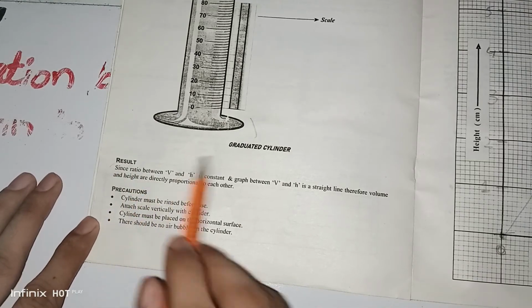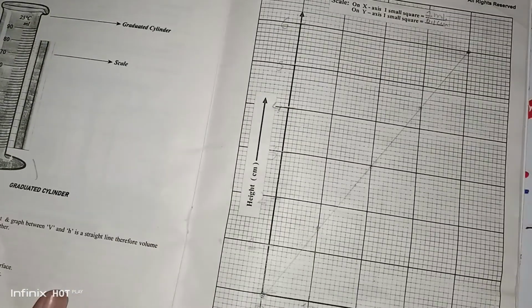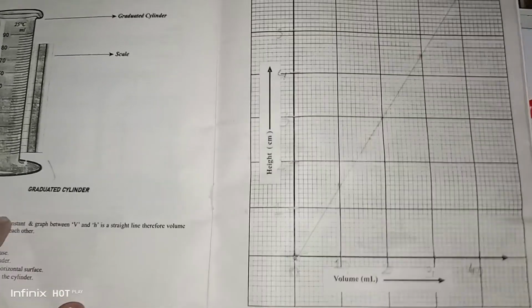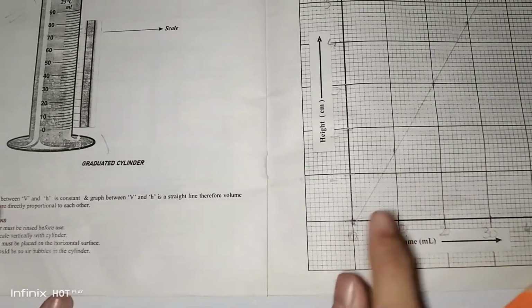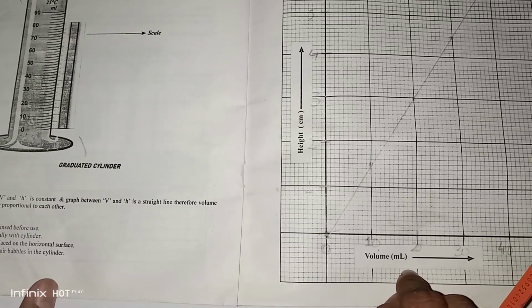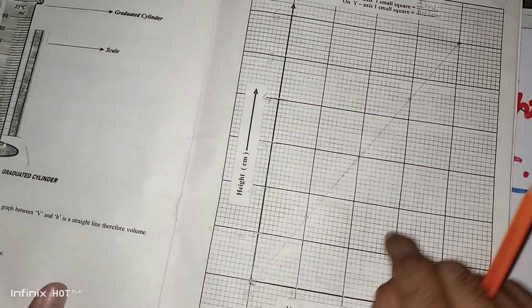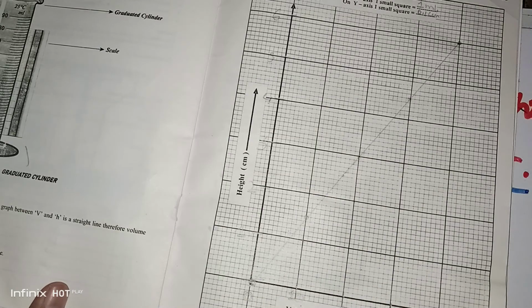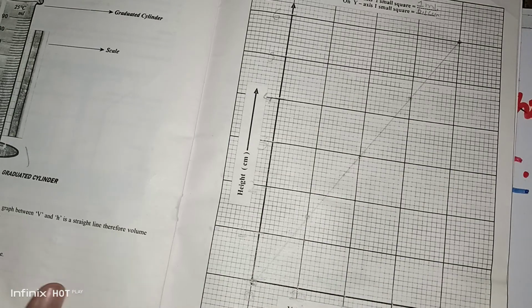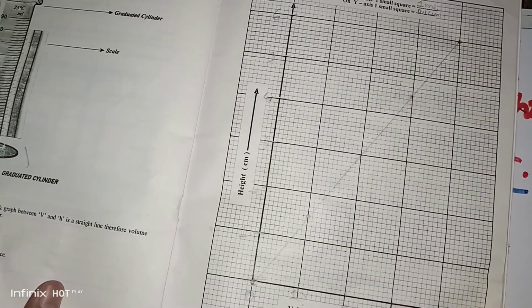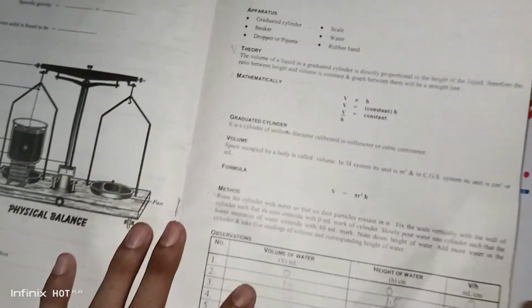You can say that by the determination of all observations, we have found that the relation between the volume of water and the height of water makes a constant relation or a constant graph. In this way we have performed our experiment.